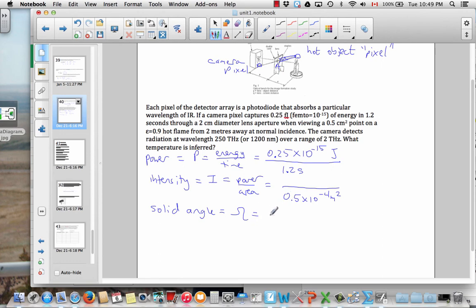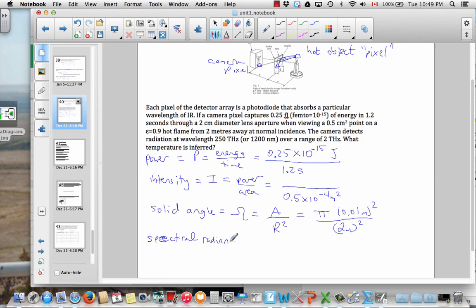And the solid angle we've shown is the area of the camera lens divided by the distance from the object to the lens squared. So the lens is a circle of radius 1 centimeter, diameter 2 centimeters, and we're told that the object is 2 meters away. So we square it.